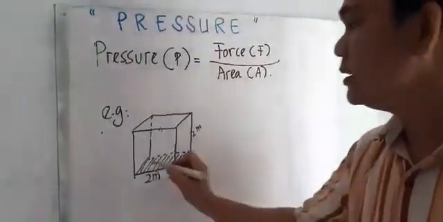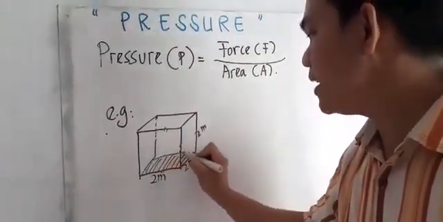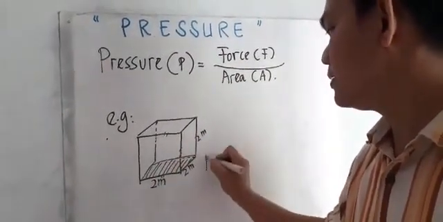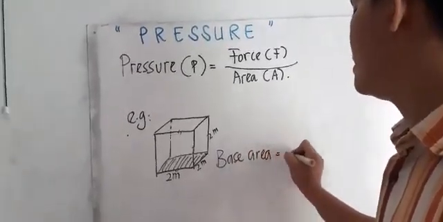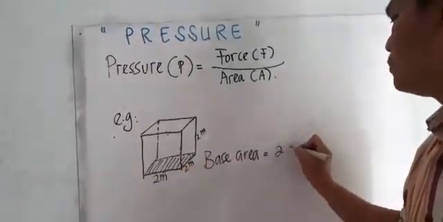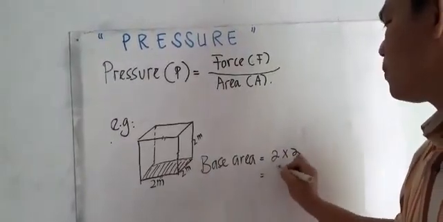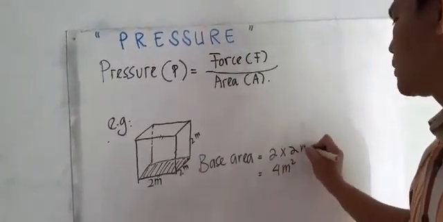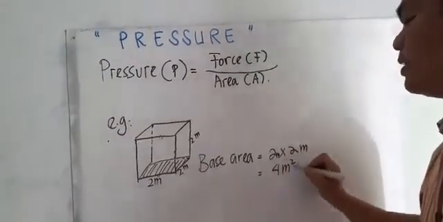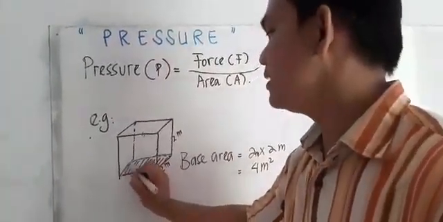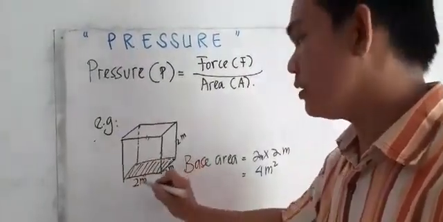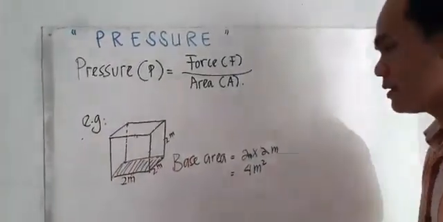Then the base area of the cube is 2 times 2, which is 4 meters squared. 2 meters times 2 meters is 4 meters squared. Remember that this is a cube, because the sides of the cube have the same length.